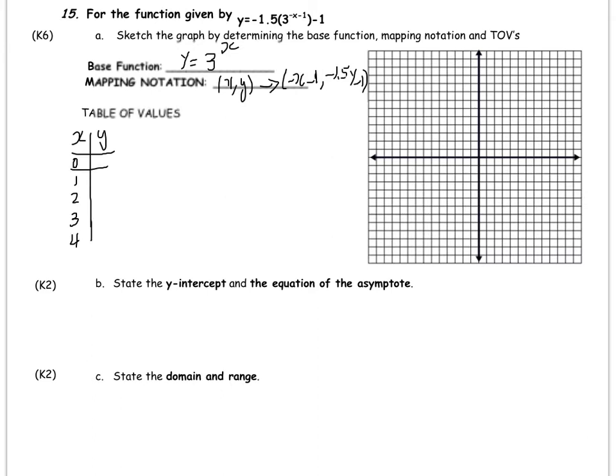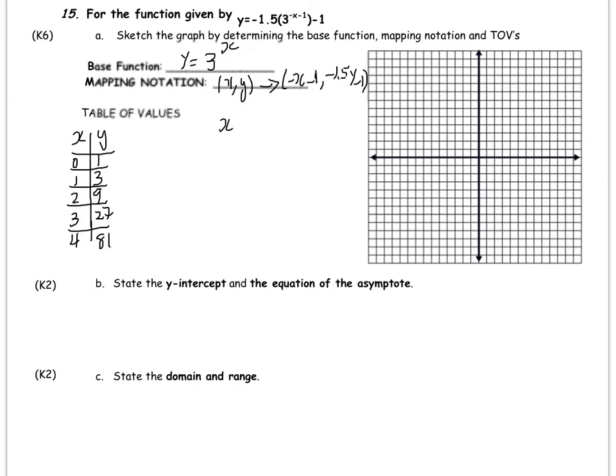For the base function, which is y equals 3 exponent x, if x is 0, then 3 exponent 0 is 1. When x is 1, 3 exponent 1 is 3. When x is 2, 3 exponent 2 is 9. When x is 3, 3 exponent 3 is 27. When x is 4, 3 exponent 4 gives me 81.